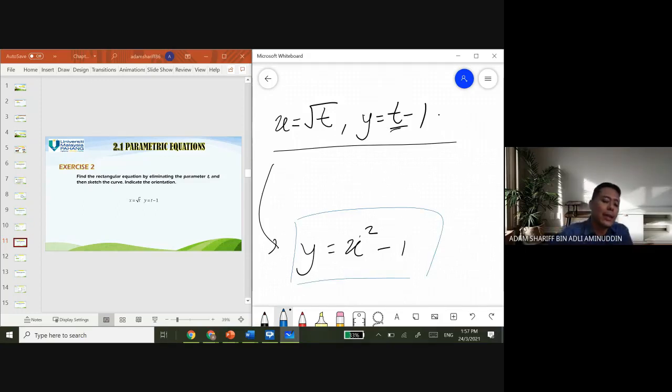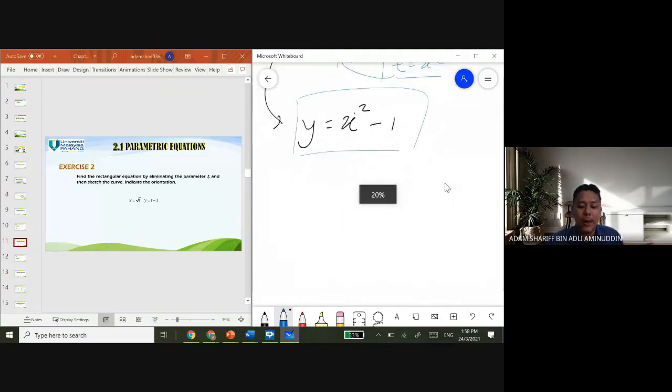Okay, because we get y equals t minus 1 here, we must know what is the value of t dalam sebutan x. Okay, based on the first equation here on the top left, then you manipulate the equation, then you know that t is x squared. Dapat nilai ni masuk balik dalam equation y, sebab itulah sahabat kamu mengatakan y equals x squared minus 1 and draw the graph of y equals x squared minus 1.